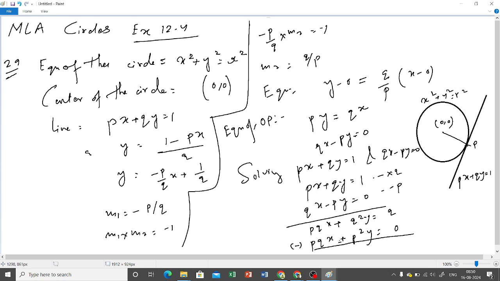So if I subtract, okay, so these two get cancelled out. So here we get q square y minus p square y is equal to q.